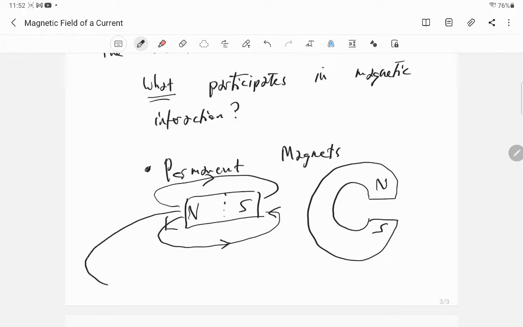And further away is weaker. Same over here. Goes from north to south. I'm drawing the magnetic field, right? And there's really weak field lines far away, just like what you expect. So permanent magnets participate in magnetic interactions.